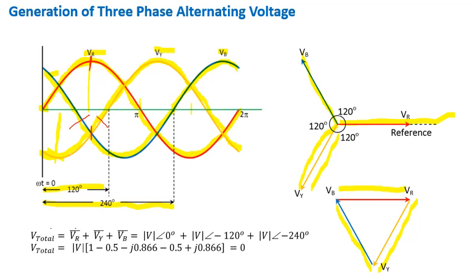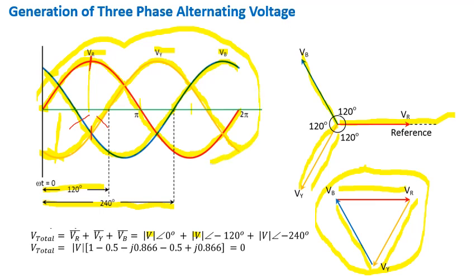It is to be noted that the voltages represented in the phasor diagram are the RMS values, whereas in the waveform they are shown by instantaneous values, because at every instant the voltage magnitude is changing with time.